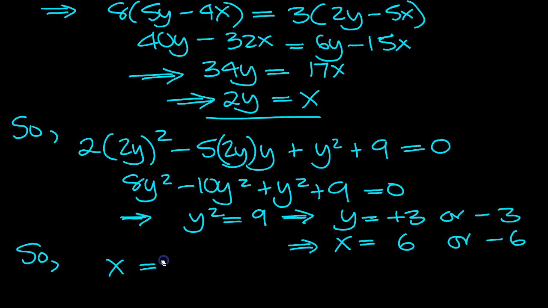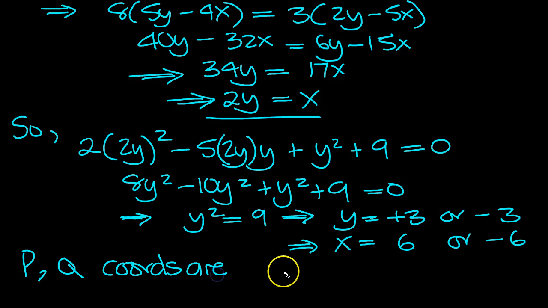So there's our coordinates, P and Q. So finally P and Q coordinates are, well, it would be 3 and 6, and minus 3. Oh, the x is 6 and 3. So around the other way, the x, y coordinates here. So let me put them around the right way. 6 and 3, and -6 and -3.